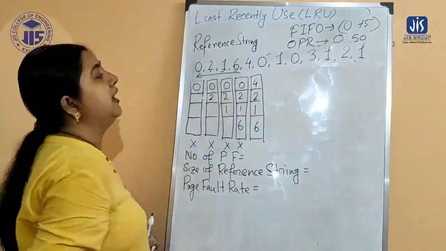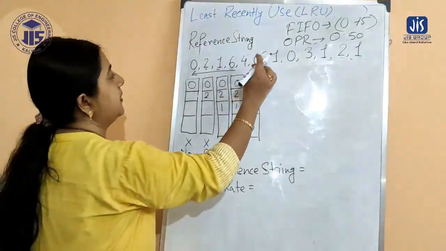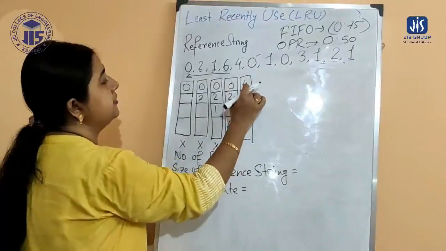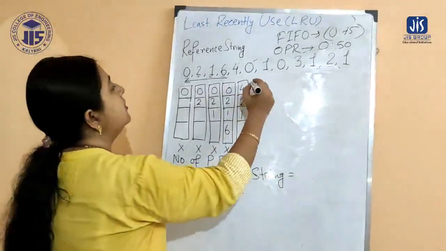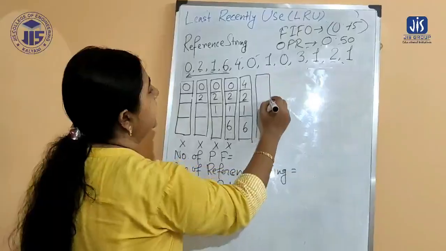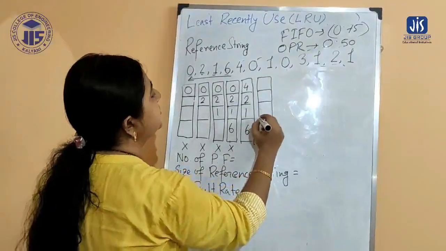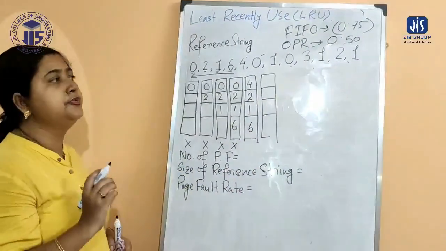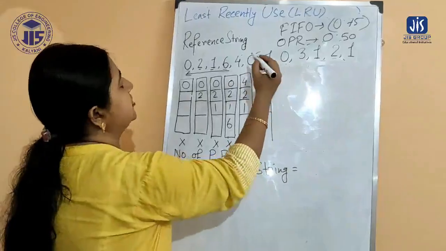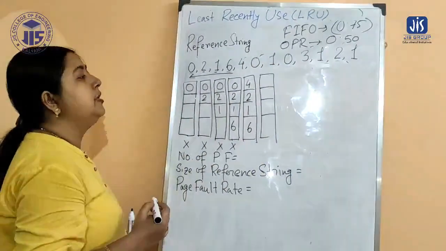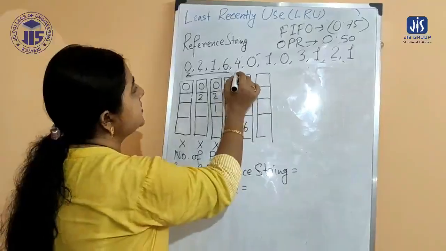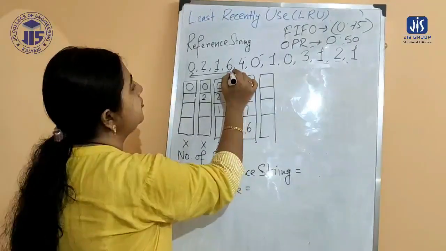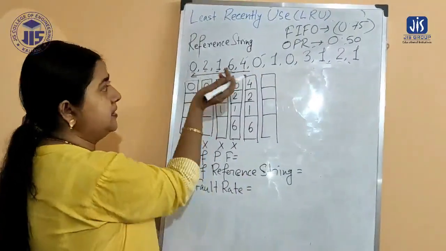Now after that again we need to replace a frame because 0 wants to enter here. Okay. So now 0 is the requirement. Now again we need to search for the least recently used page. So for 0 I am searching. Now 4 is used here. So I have to look up to this first.